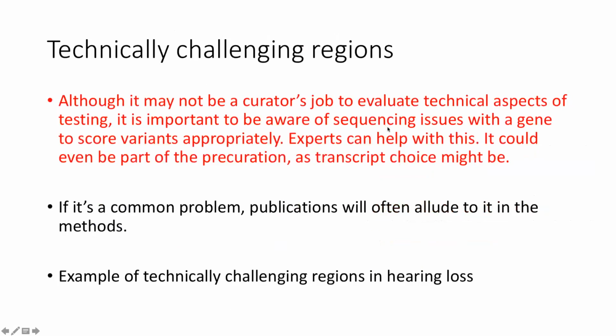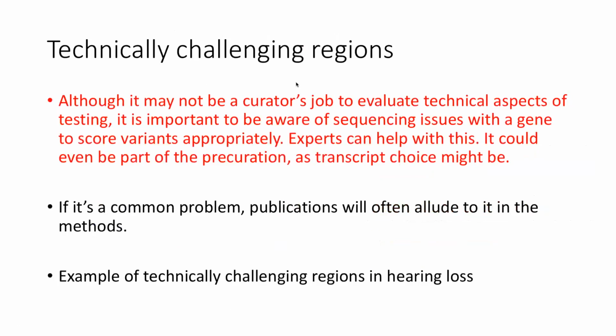And something I want to end with is really just a mention of telling curators that they should try and think about technically challenging regions. So it's not a curator's job to evaluate the technical aspects of testing. However, there are some genes that have very well-known sequencing issues.